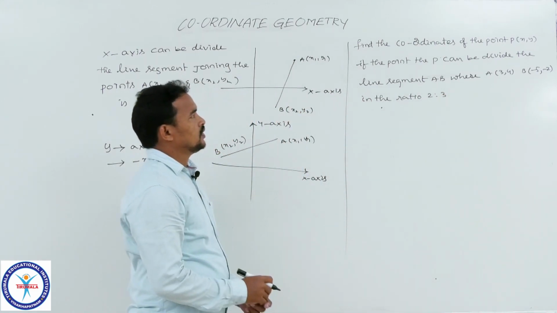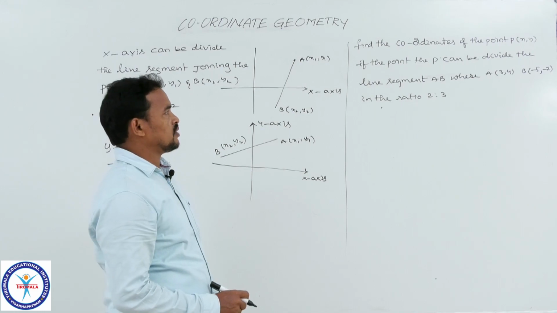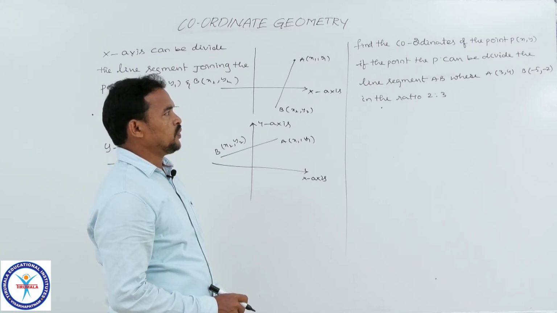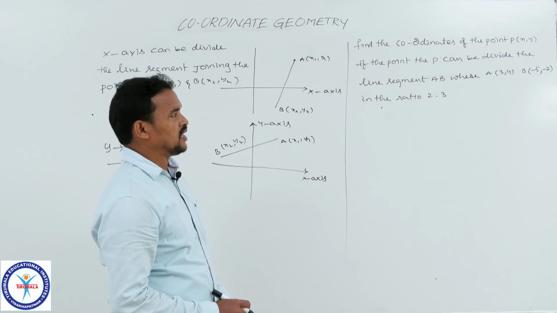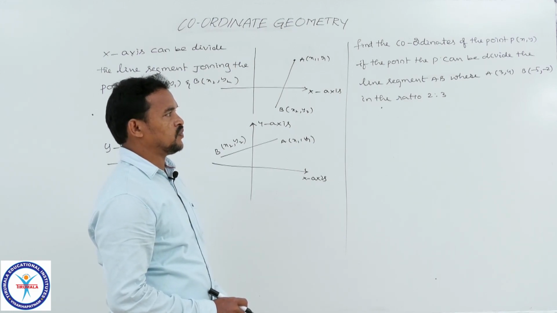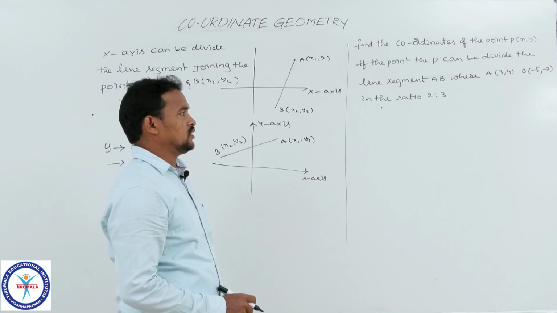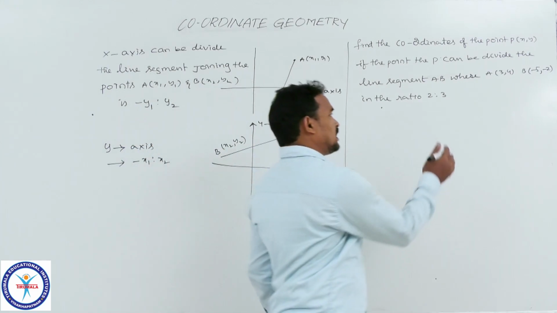Here see, find the coordinates of the point P of x comma y. The point P divides the line segment AB where A is 3 comma 4, B is minus 5 comma minus 2 in the ratio 2 is to 3 internally.